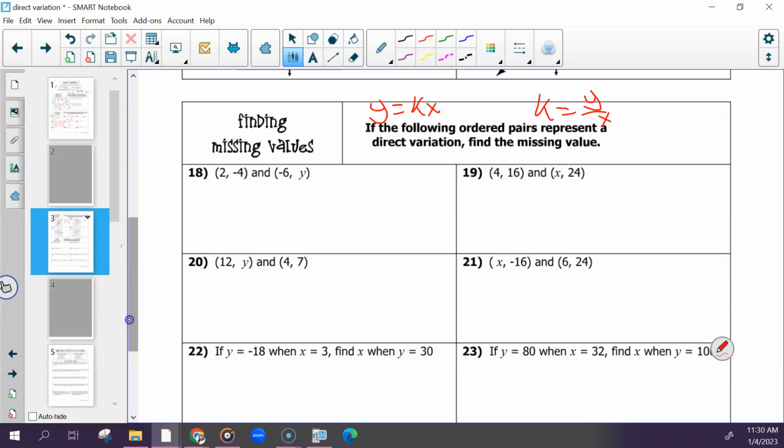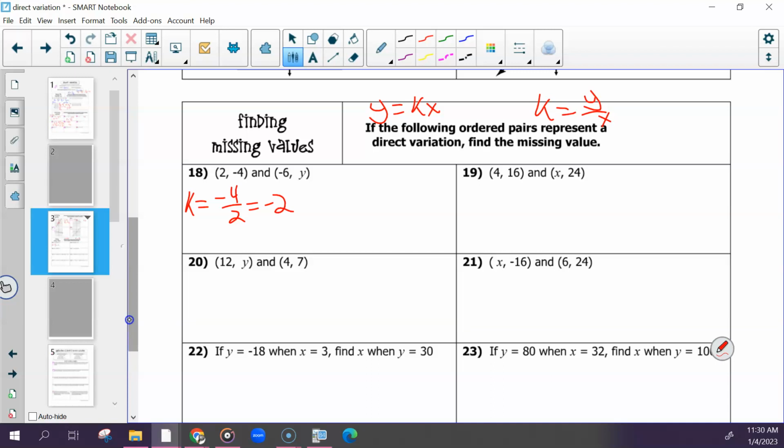So with these, focus on what you're given together first. Ignore the missing piece. So we have 2 and -4. We're going to start at 18. We can find our k value first, and you should for each of these problems. So divide -4 and 2 to get your k value.